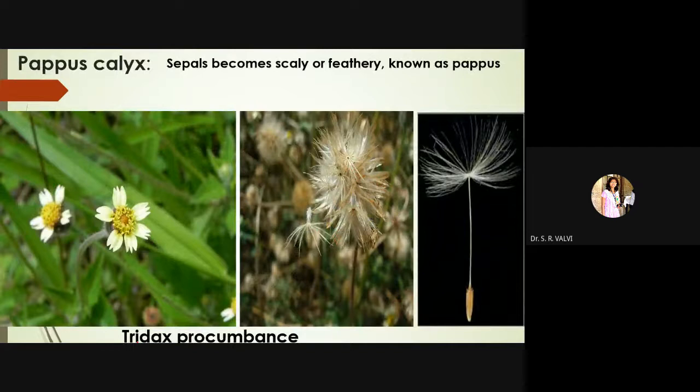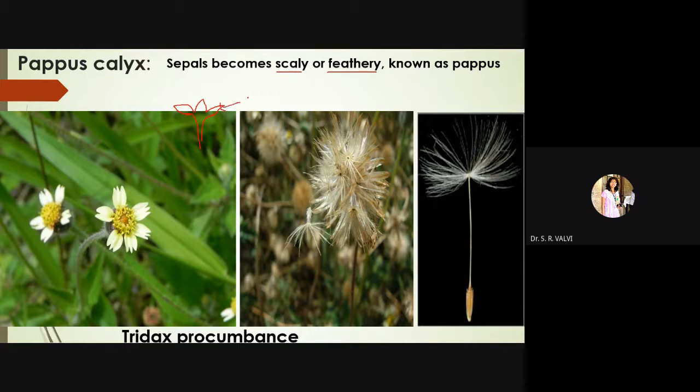Next is pappus calyx. Pappus calyx means the sepals become scaly or feathery. Actually, what is the structure of sepals? These are the green leaf-like structures, right? We call these the sepals.